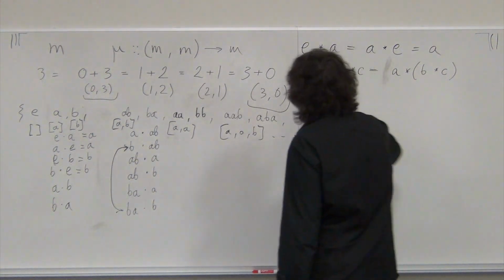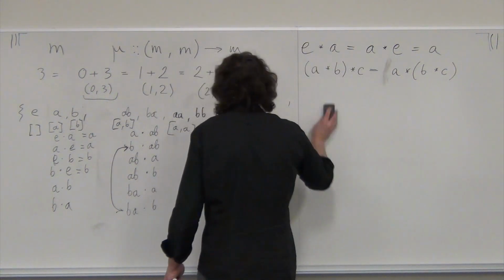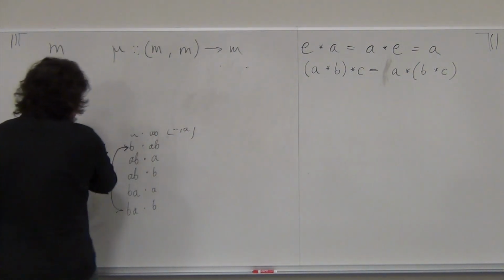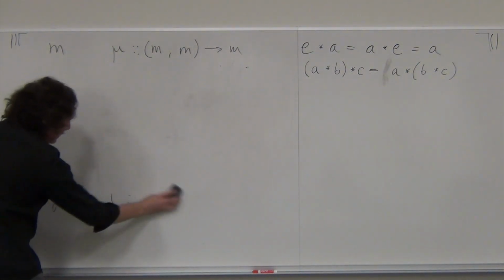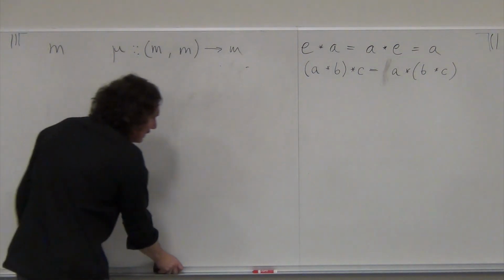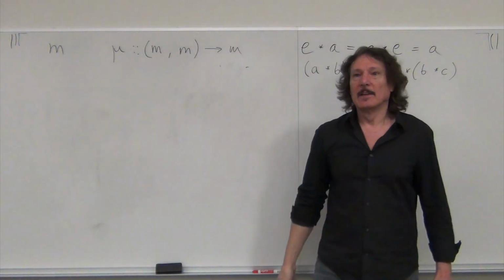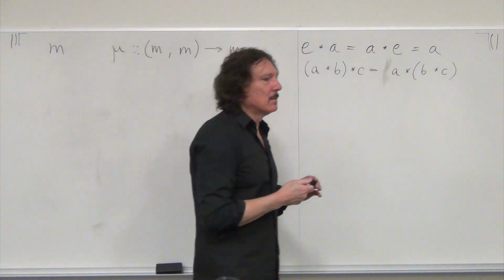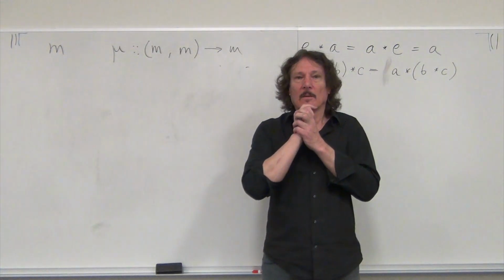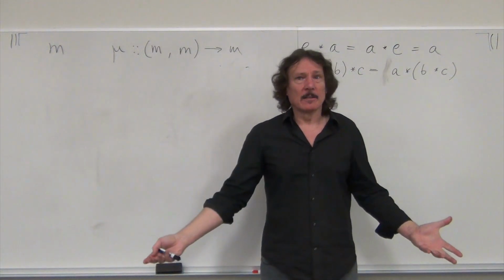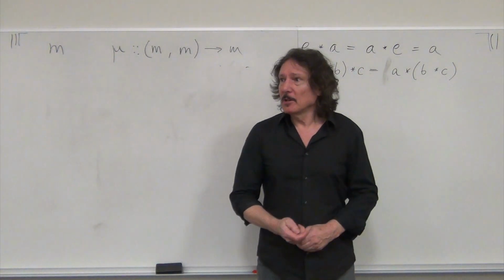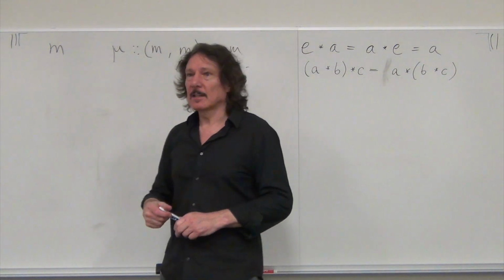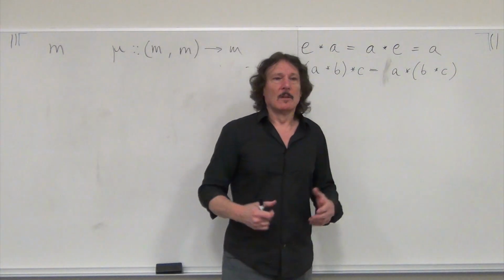Well, not totally wrong, but now that you know what it is on sets, let's put our category theory hat on. So we need a category. Monoids should form a category. What's a category of monoids?